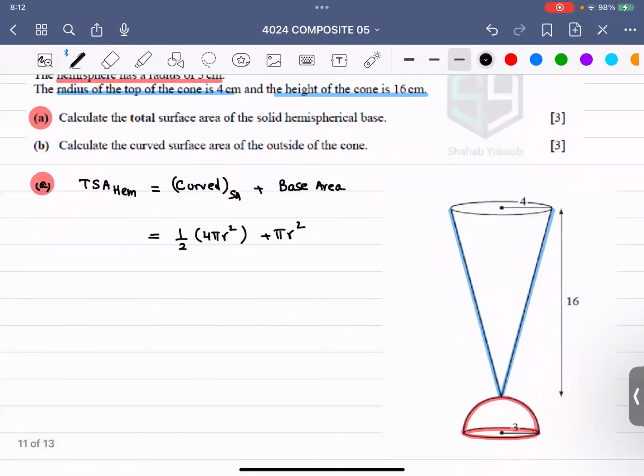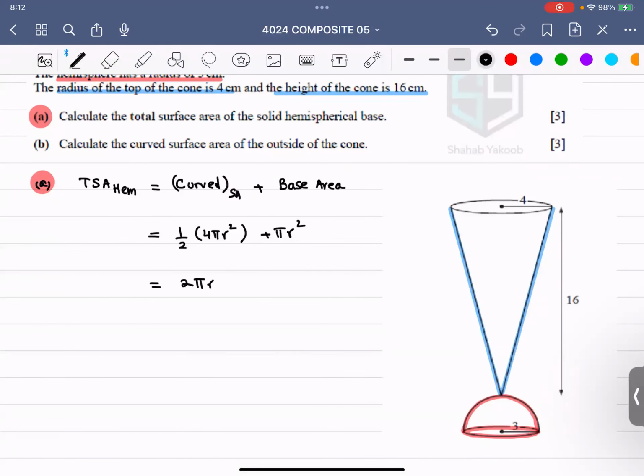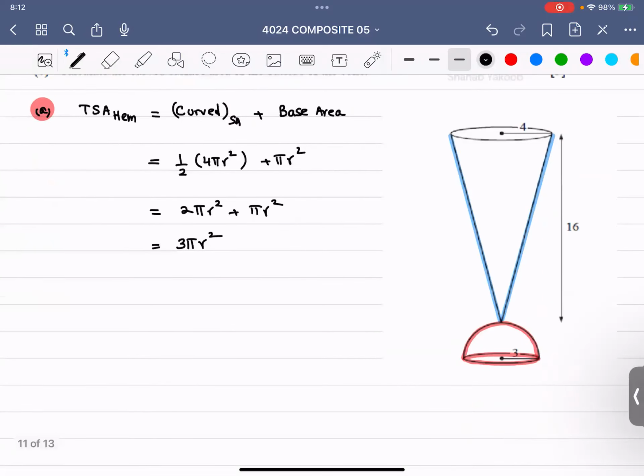Work in the formula mode. This is 2 pi r square plus pi r square, which is 3 pi r square. Now plug in the value, r is 3. That is 3 into pi into 3 square. That is 9 into 3. That's 27 pi. And we can write this in decimals, 27 into 3.142.